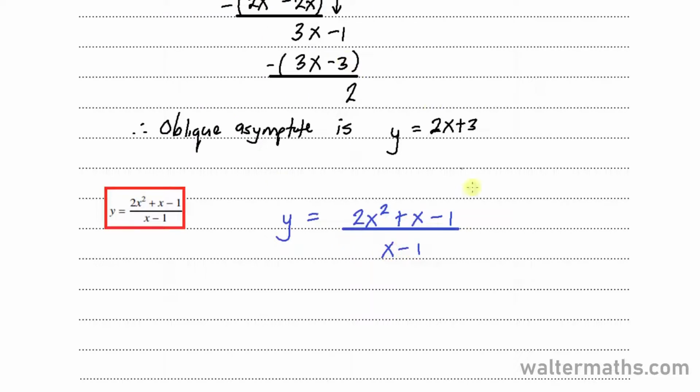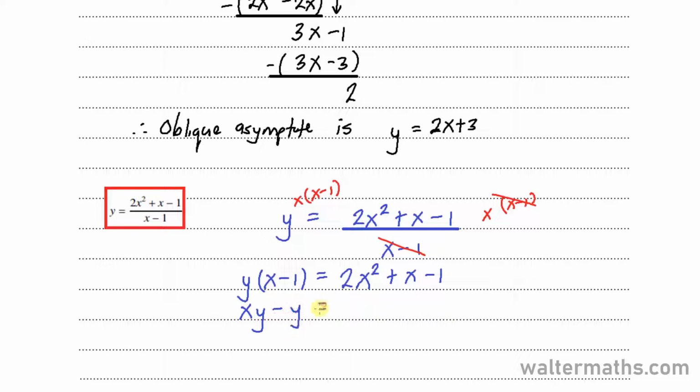And from here, we'll multiply both sides by x minus 1. So we cancel out the x minus 1s, and what we are left with on the left side is y of x minus 1, and that's all equal to 2x squared plus x minus 1. So simplifying, that's xy minus y is equal to 2x squared plus x minus 1.